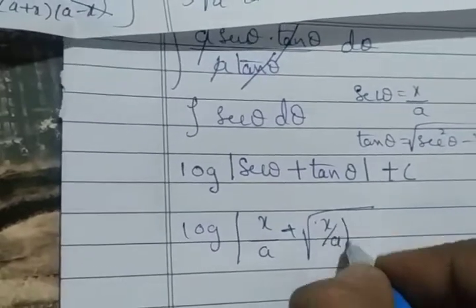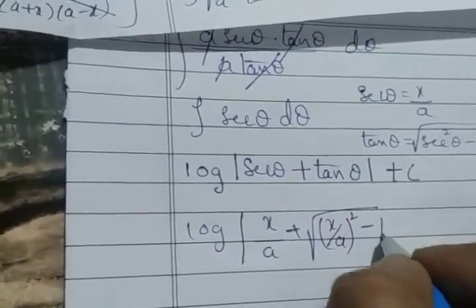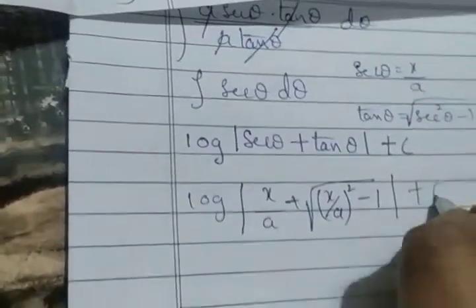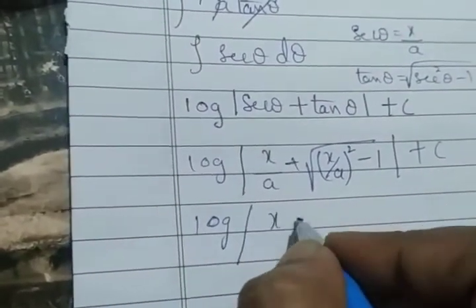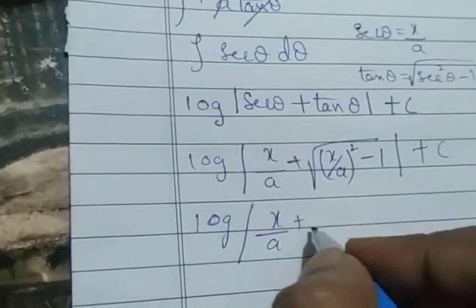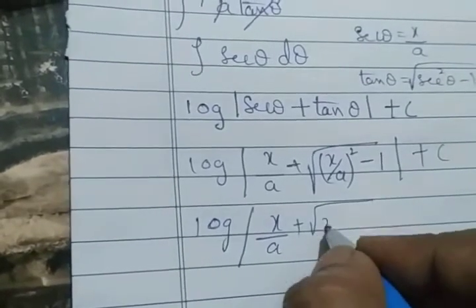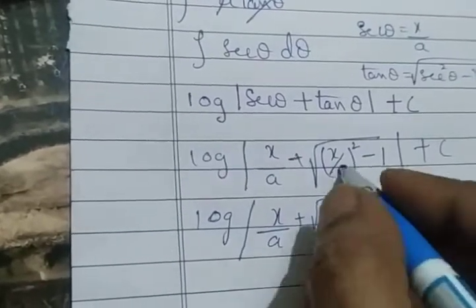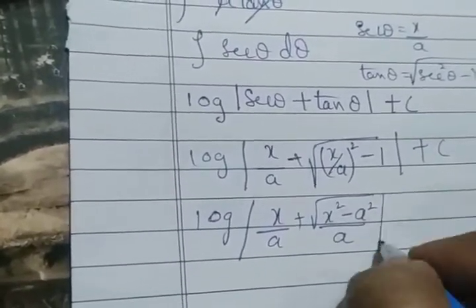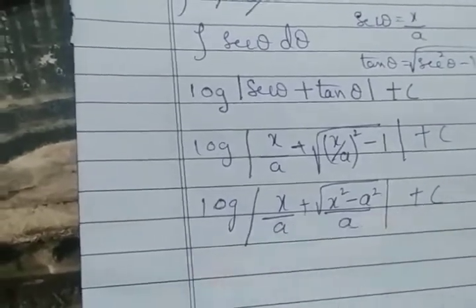X by a the whole square minus 1 plus c. Log of x by a plus root of x square minus a square; if a comes out from the root, it becomes a, plus c.